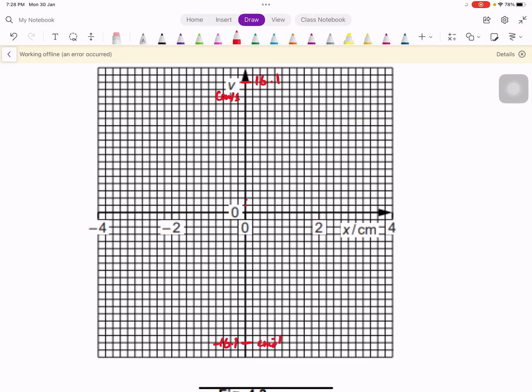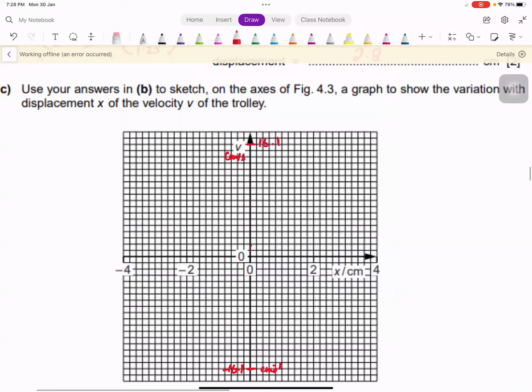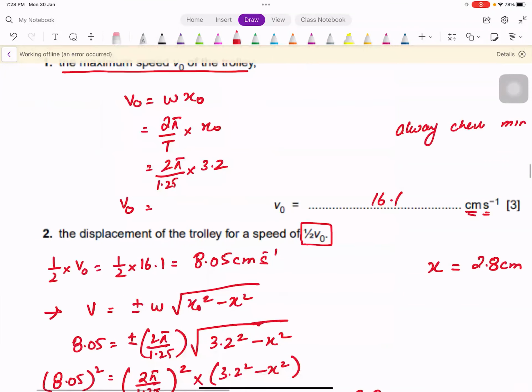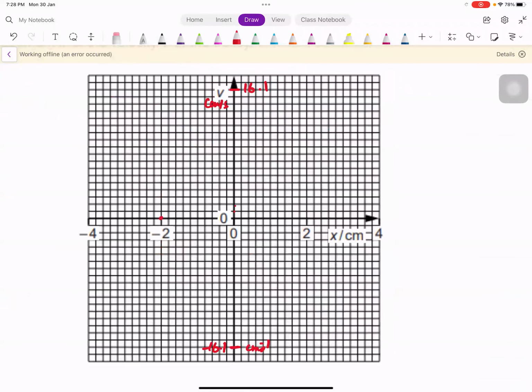And then, because our maximum displacement was 3.2, I'm going to find where 3.2 is. So this is 2, and 3.2 is exactly somewhere in the middle of these two, which I believe is 1, 2, 3, 4, 5. So this is 3, 3.2 will be here, right?